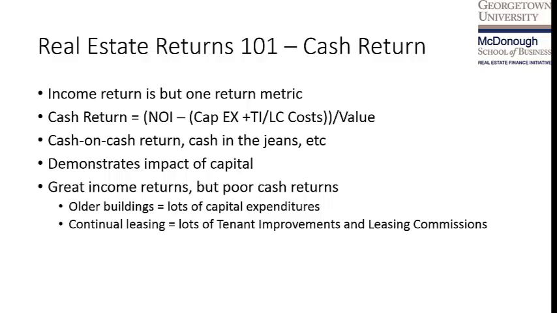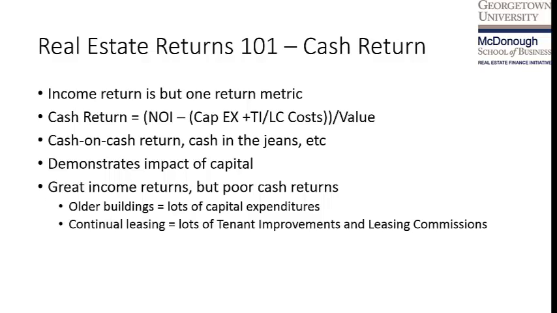So you could have buildings that represent great income returns, meaning very strong NOI over value, but they would have very poor cash returns. And the reason is it could be an older building. Older buildings require lots of maintenance, meaning new roofs, new elevators, new exterior painting, new repairs to the parking garages, whatever it might be.